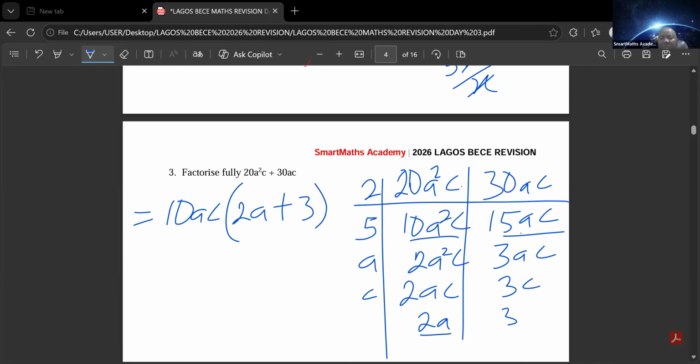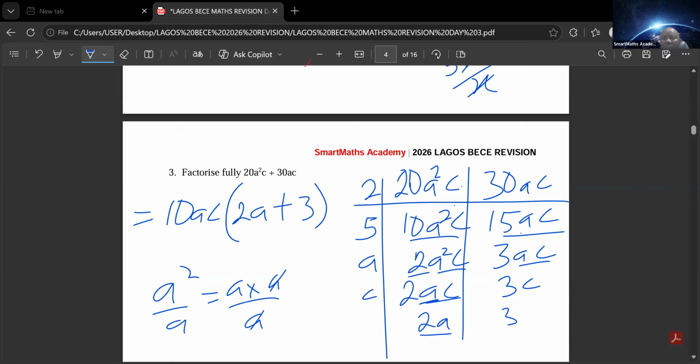So 10 divided by 5 gives us 2. We repeat a squared c and ac. Now in the first one we have a squared and we have a. We take a first. So a squared divided by a. A squared is a times a divided by a. A cancels, it remains a. That's how I got this a. Then we bring down the c.